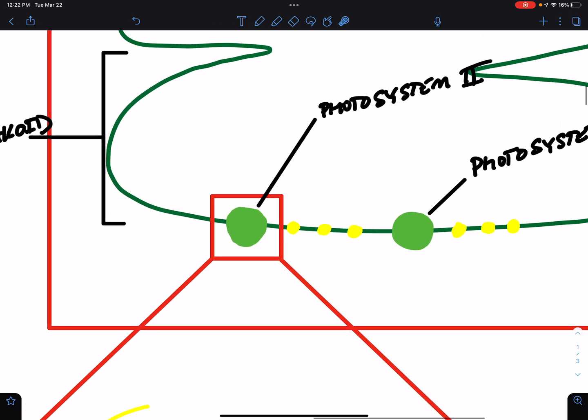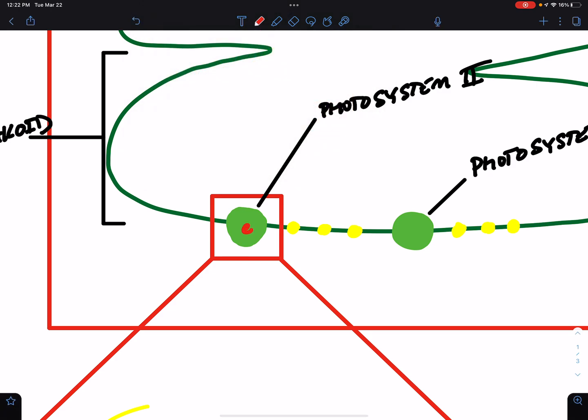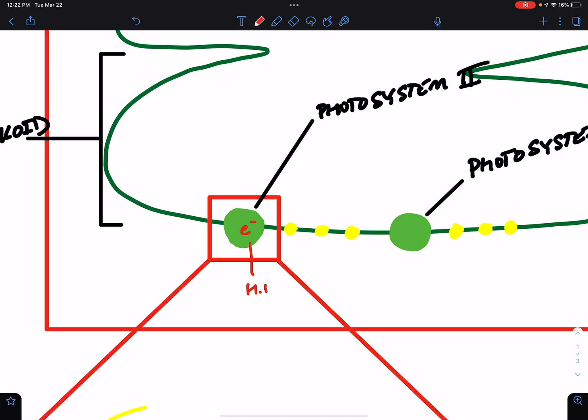This high energy electron, so here now we have an electron, that is a high energy electron, is then passed on to an electron transport chain.